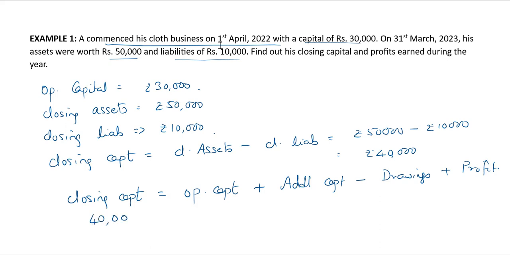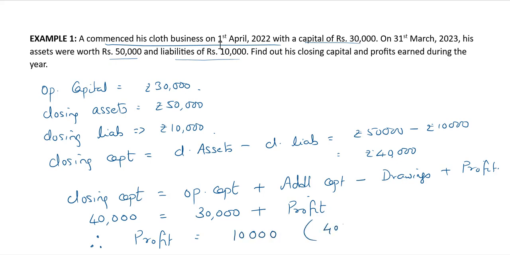We've derived that the closing capital 40,000 is equal to opening capital 30,000. There is no additional capital in drawings plus profit. Therefore, profit is equal to 10,000 rupees, which is 40,000 minus 30,000.